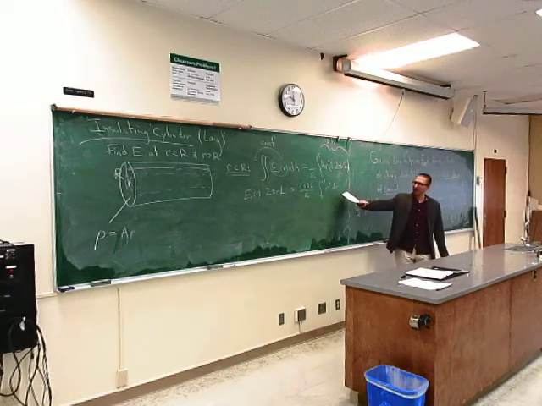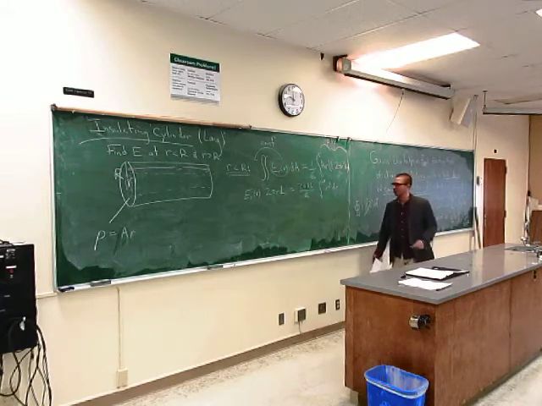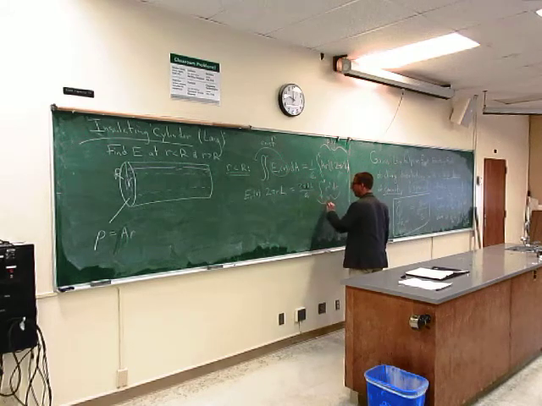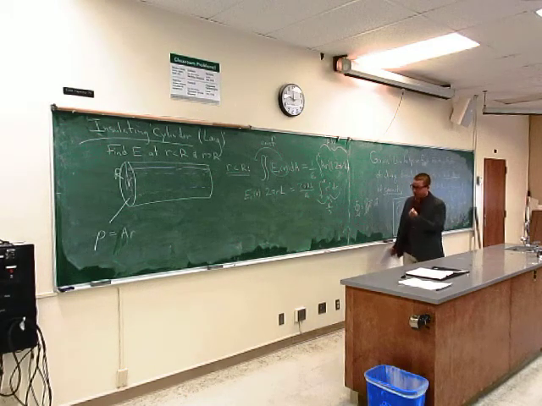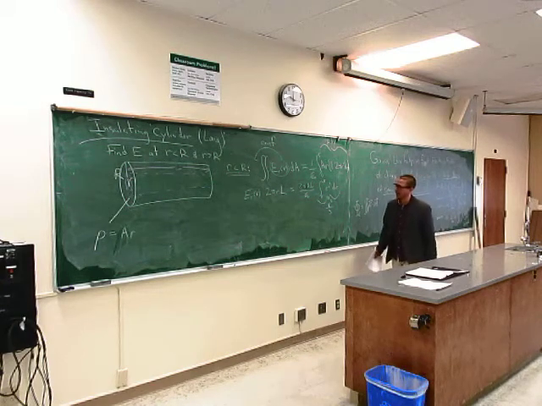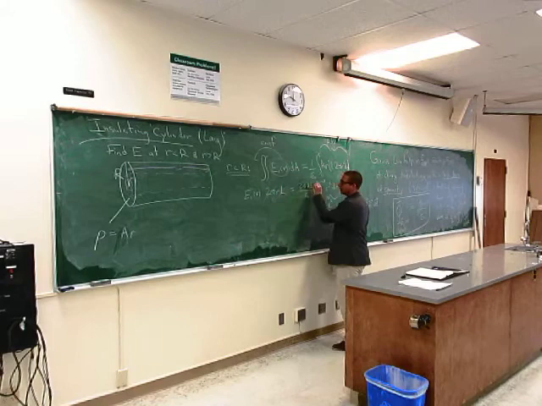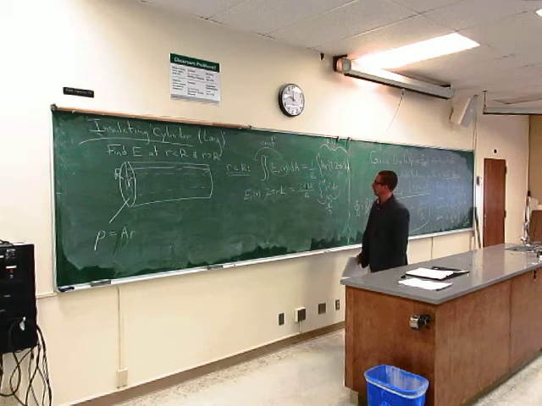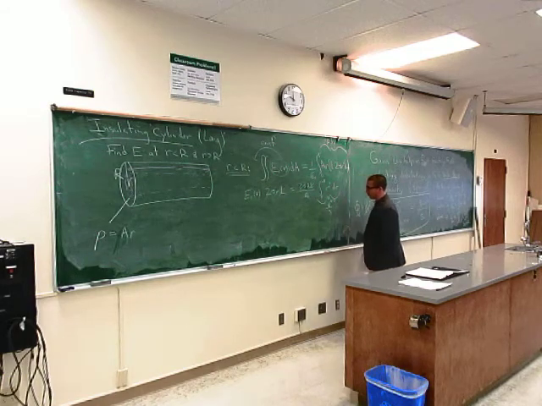So then I'm just left with this, and I just have to solve for E sub r as a function of r. Now this integral right here is just r cubed over 3. Okay, now let's just do a little bit of algebra here. So 2 pi cancels with 2 pi, L cancels with L, and 1 r here cancels with 1 r there.